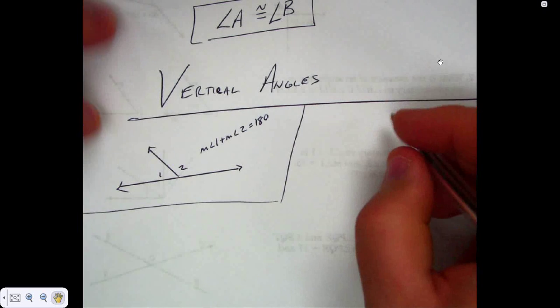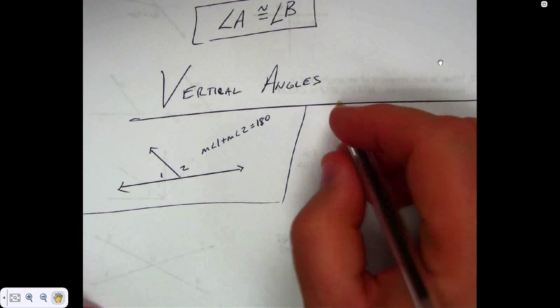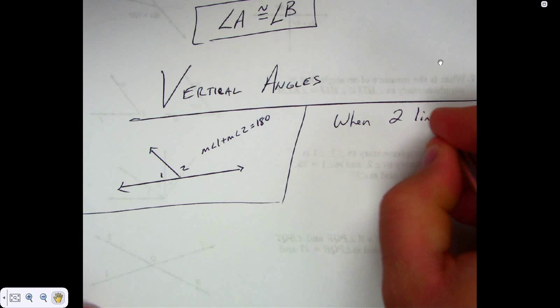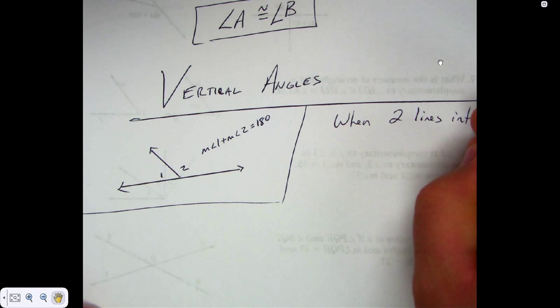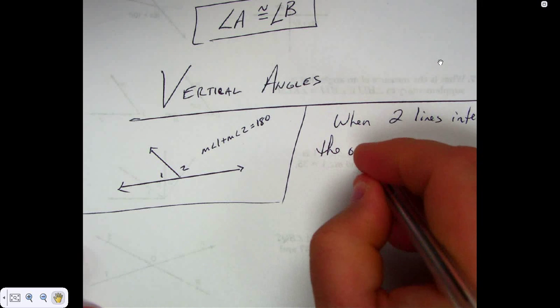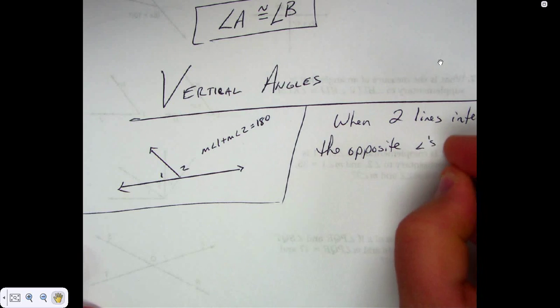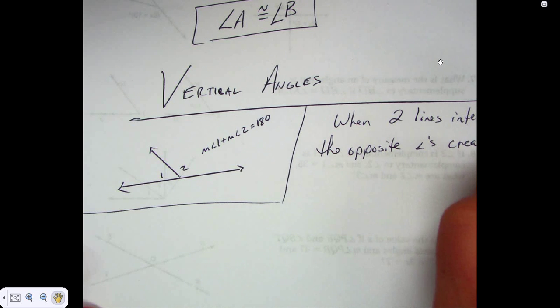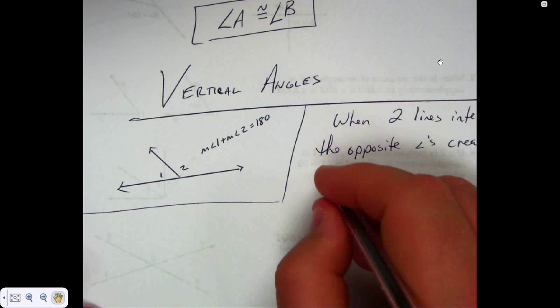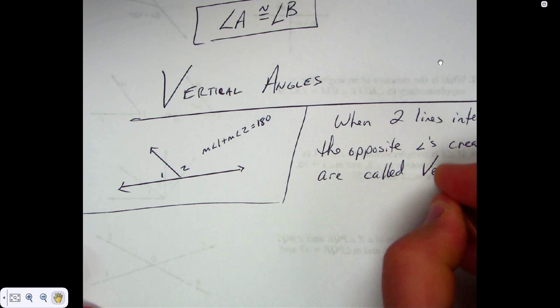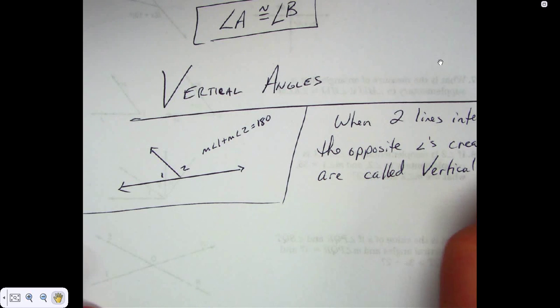The other thing is vertical angles. When two lines intersect, the opposite angles created are called vertical angles.